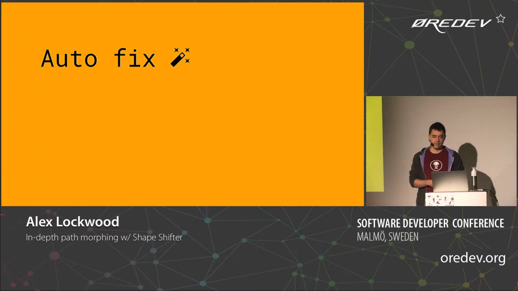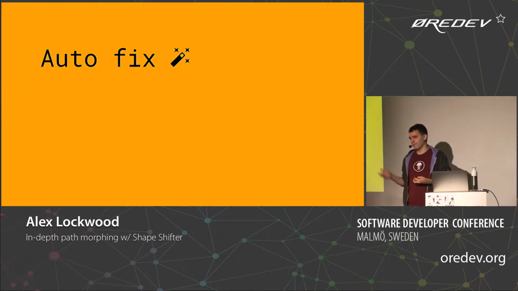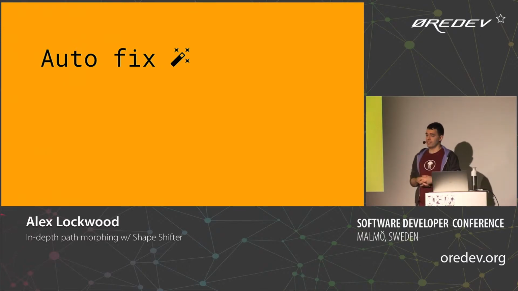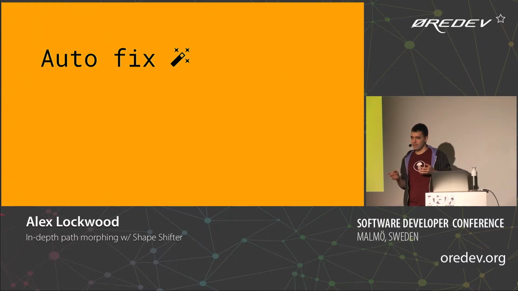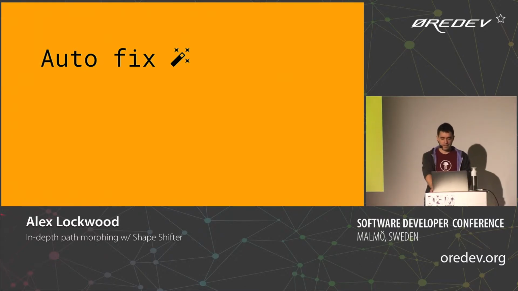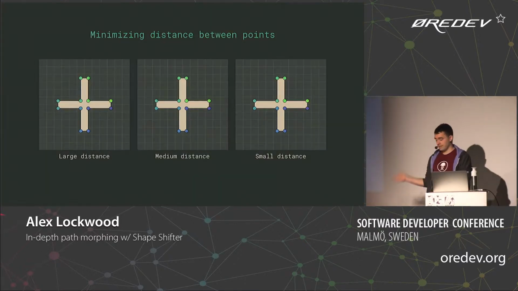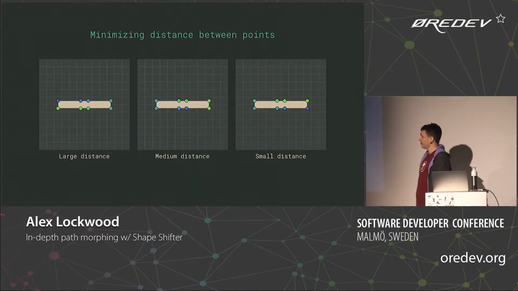But in this case, with that hippo to elephant morph, obviously it would be helpful to have something that can automate it for you. And if it didn't generate something that you wanted, then you can always drag and drop the points to the location that you want. So that's the idea behind autofix.